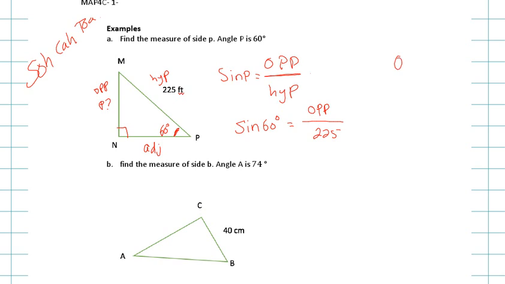When you're doing this on the calculator, you want to do 225 times sine 60. Don't do sine 60 times 225, because that might confuse the calculator.